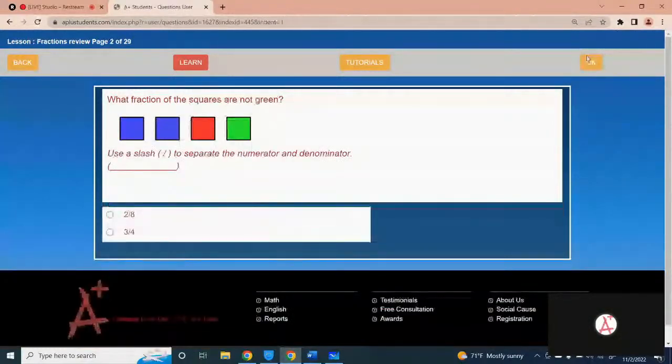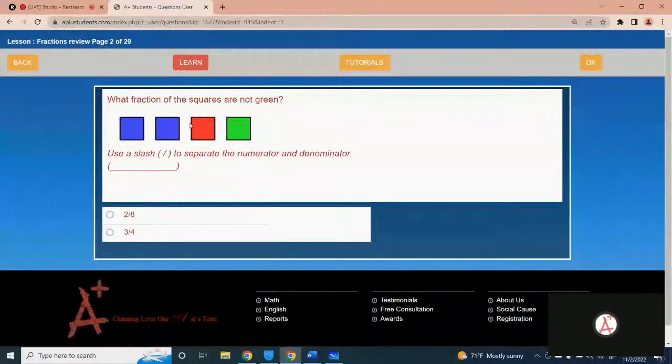What fractions of the squares are not green? First, you have to count the total number of squares. So the total number of squares are 1, 2, 3, 4. So we have total 4 squares. And the squares that are not green are 1, 2, 3.